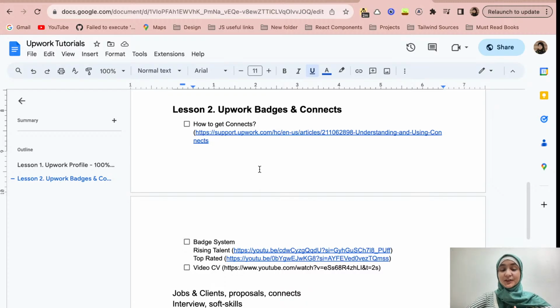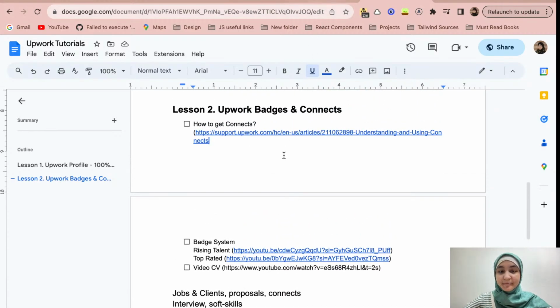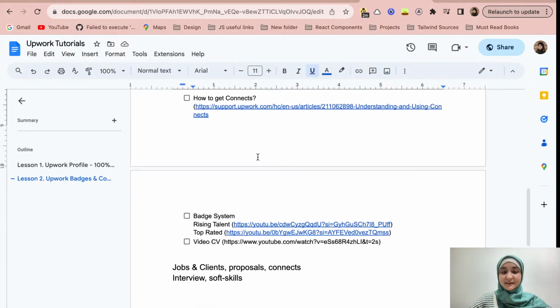Another thing to note is that if you receive a connect this month, it's going to expire next year in this month. So you can only hold a maximum of 120 monthly connects at a time, excluding the redeem codes you get from events. And I guess that was basically the connects part.